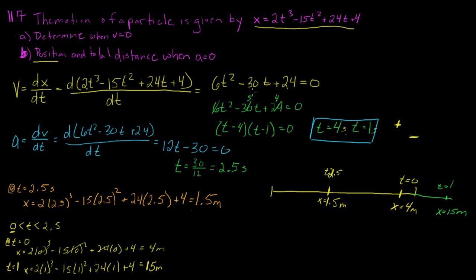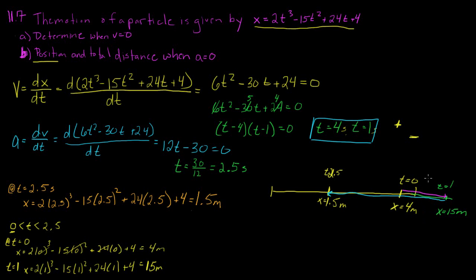Now, to figure out the total distance traveled, we have to trace where our particle goes. From t equals 0 to t equals 1, our particle is going in this direction and has moved this amount of distance. And then from t equals 1 to t equals 2.5, our particle is going in the other direction and has moved this amount of distance. We need to add up this total distance.